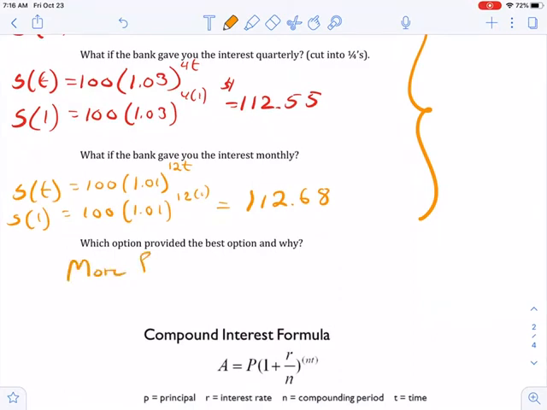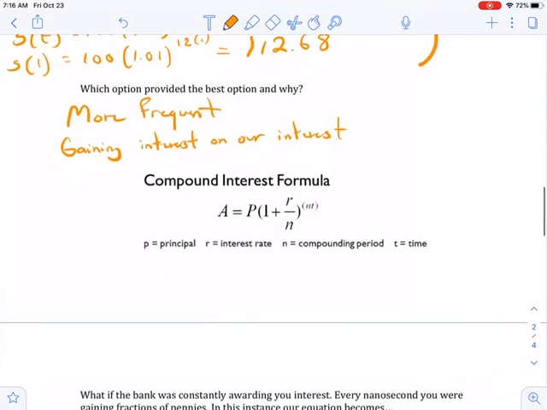More frequent, and it's because we are gaining interest on our interest. Interest is the amount of money that we're gaining just for having our money in that account. As that goes up, I want that to also be contributing to the amount of interest that I'm getting.